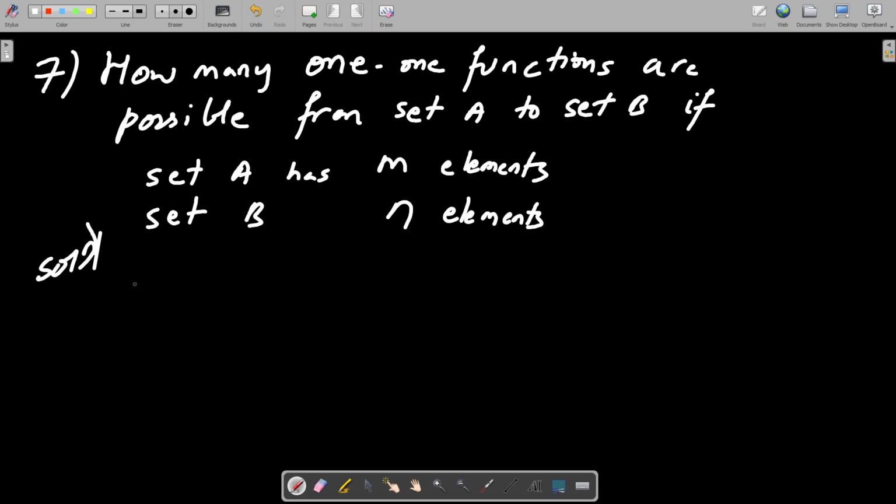There is a special case to be dealt with here. If m is greater than n, that means the domain has more elements than the codomain. What will happen in this case? It implies that at least one element is getting mapped to the same element in the codomain.